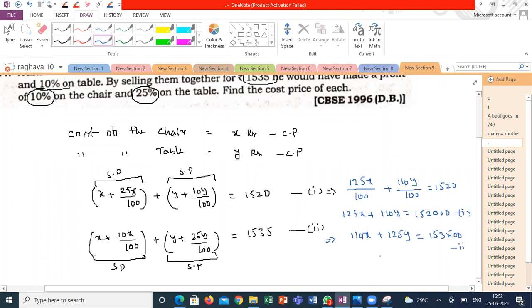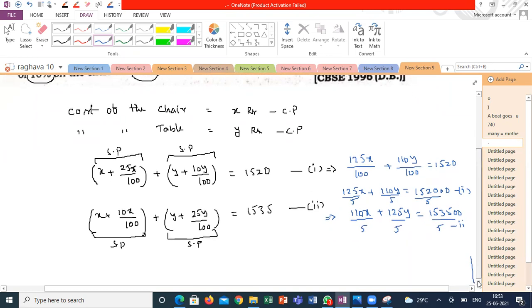If you are able to solve these two equations, you will get the answer easily. You can make them into the simplest form. This whole equation will be divisible by 5, and you will get one simplest form. This whole equation also will be divisible by 5, and you will get the other simplest form.